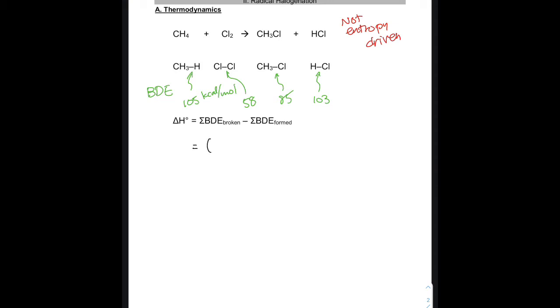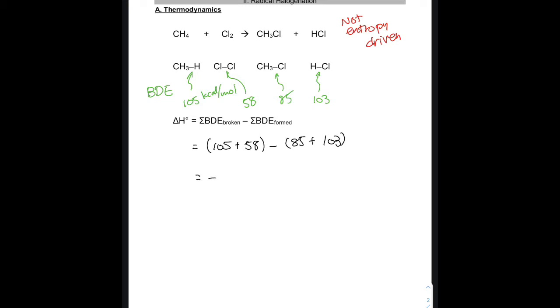Just for the sake of brevity and time saving, I'm going to skip the units here, but it's kind of a sin in science to write numbers without units. I just want you to know. These are the two bonds that are broken: the carbon-hydrogen bond and the chlorine-chlorine bond. Notice how the chlorine-chlorine bond is not that strong, and that's one of the driving forces here. The bonds that are formed, on the other hand, are fairly strong, 85 for one and 103 for the other.